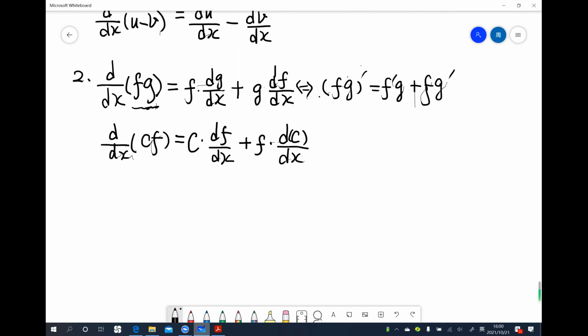Can you follow my steps? We use this product rule, and here g is a constant function, C is a constant.